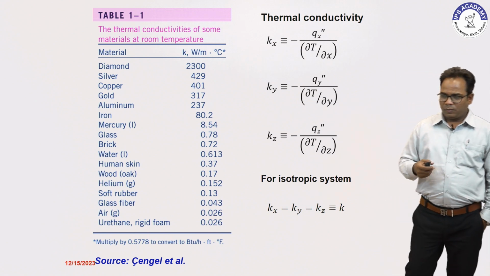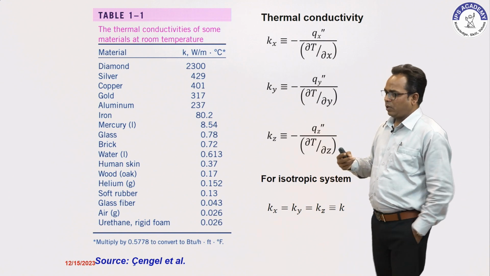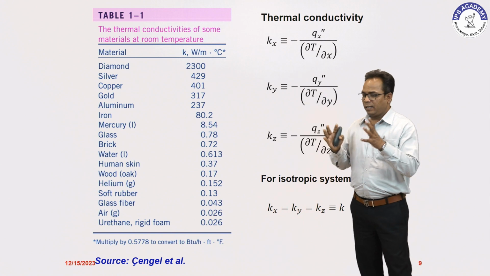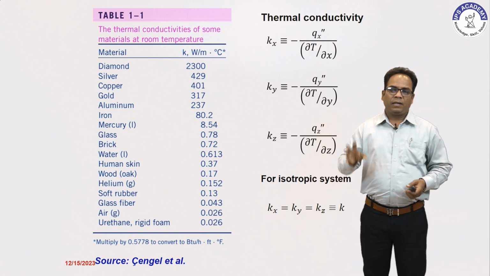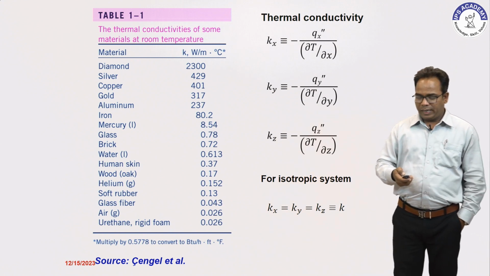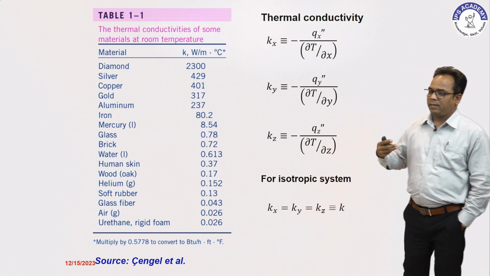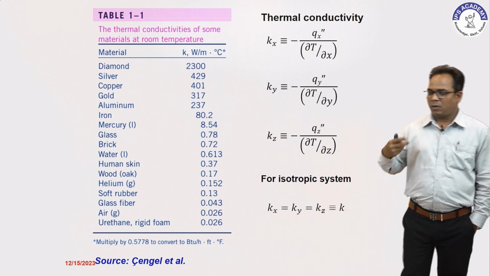Normally in a solid system, or in metals, or things in which the atoms are closely packed, the thermal conductivity is more as compared to fluids like water, organic solvents, or any oil.